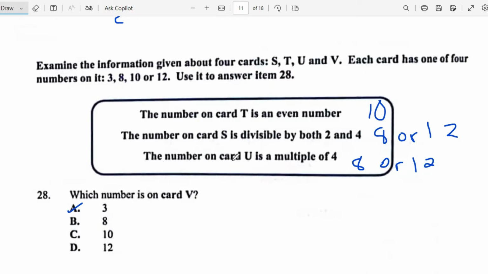And then the number on card U is a multiple of 4, which is also either 8 or 12. So therefore the number on card V must be 3, because all of the other numbers are already used up. So even if I was supposed to use 8 for here and 12 for here, I still wouldn't have anywhere to put 3. So the answer is 3.